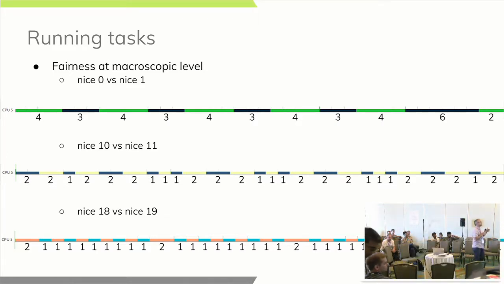So in the default case of nice 0 and nice 1, we run several ticks before switching, and when we are increasing the nice priority, the vruntime will increase faster. So the switch between the two tasks will happen more often. But at the end, you will have the same amount of running time. It's just a matter that in some cases we are gathering several ticks, whereas otherwise we are just switching almost every tick.